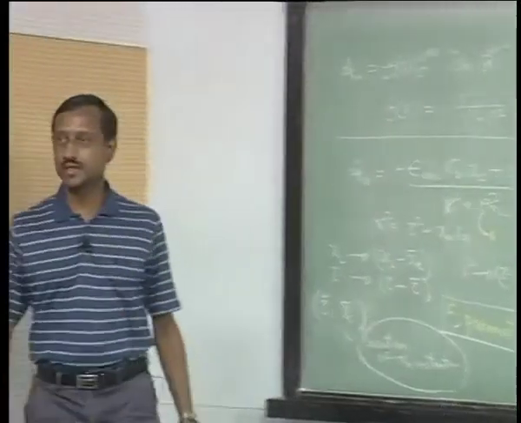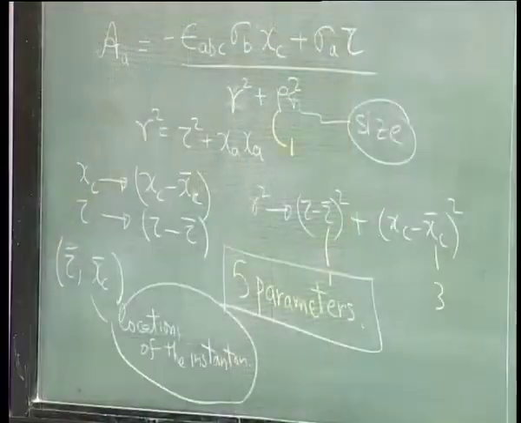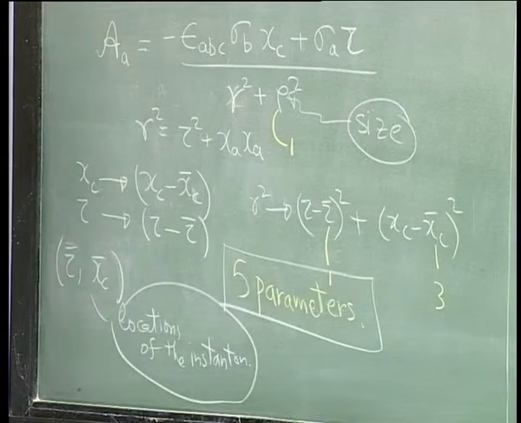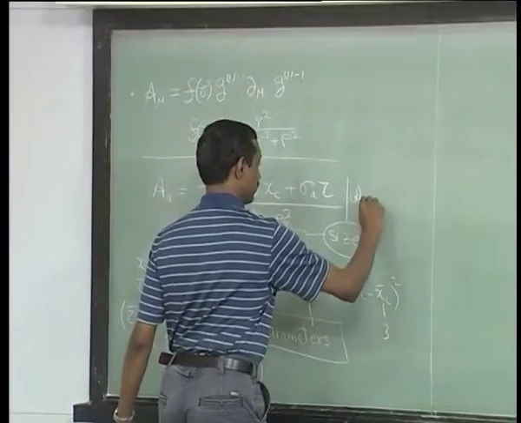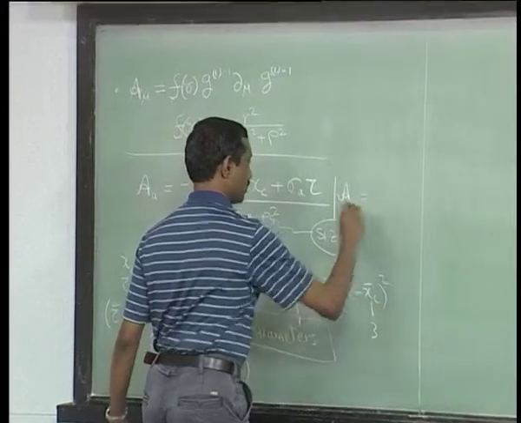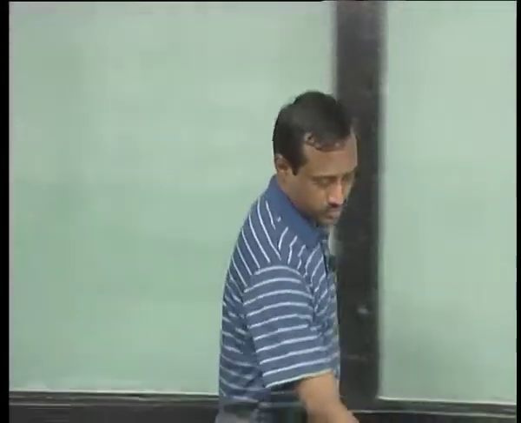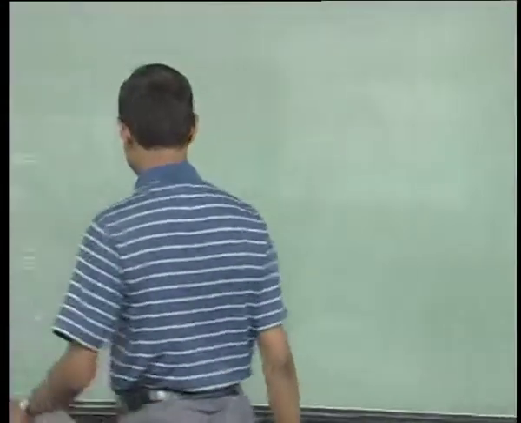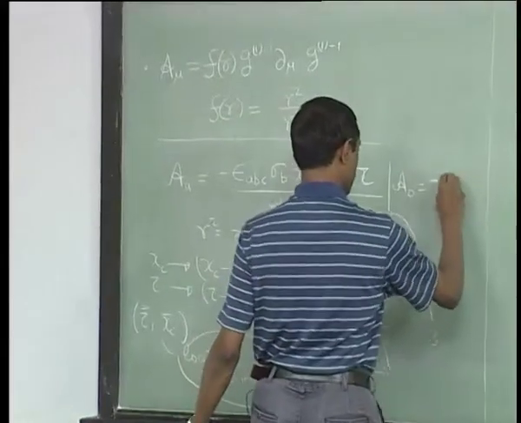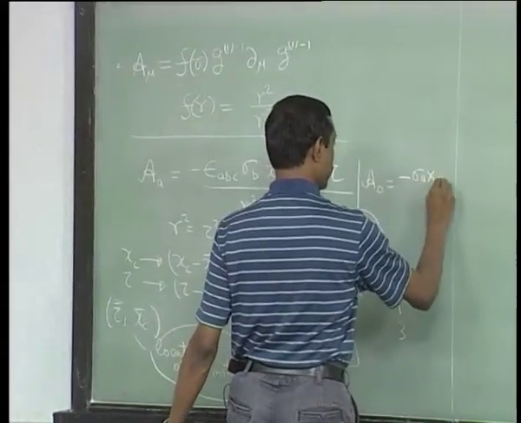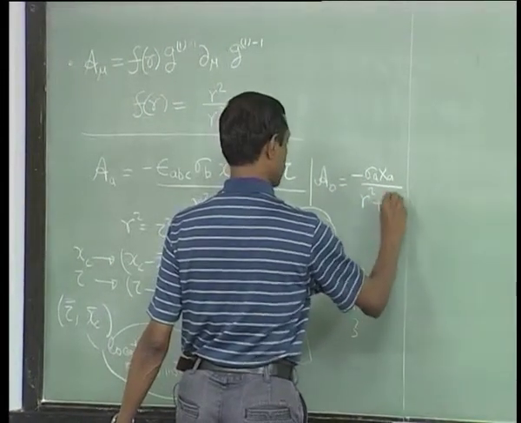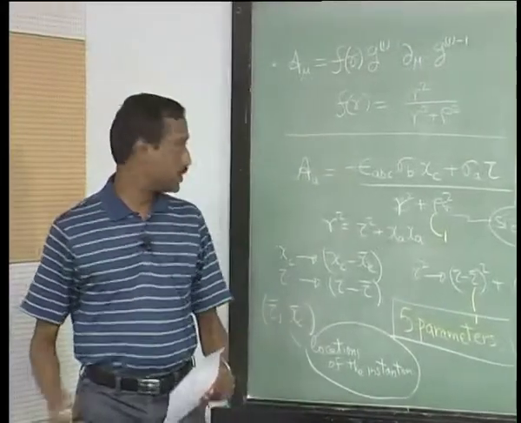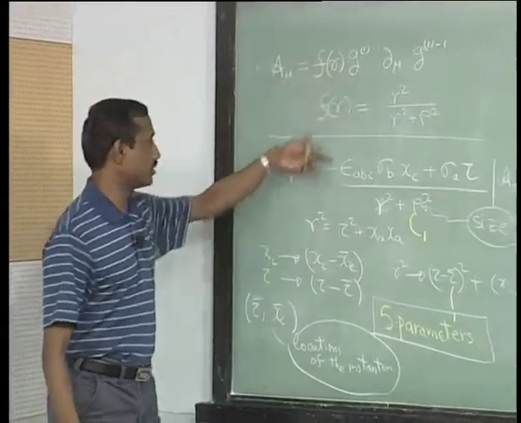So this is how we understand the 5 parameters. I should also give you A0. You will be verifying all these things in your assignment. So this should follow more or less from this kind of an ansatz.